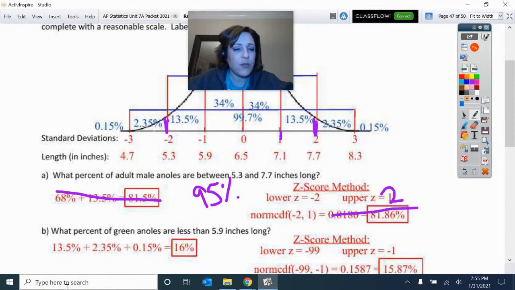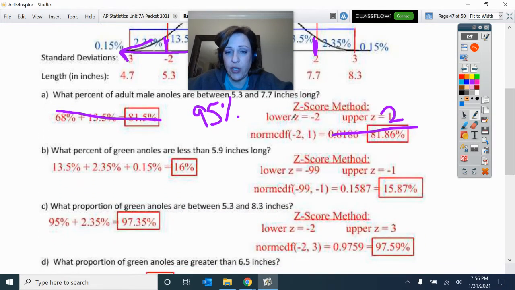The next one, what percent of the green anoles are less than 5.9? That's one standard deviation below the mean, so we would be finding the area below one standard deviation. You can either add up those percentages, it's about 16%, or you can do your z-scores from -99 to -1.